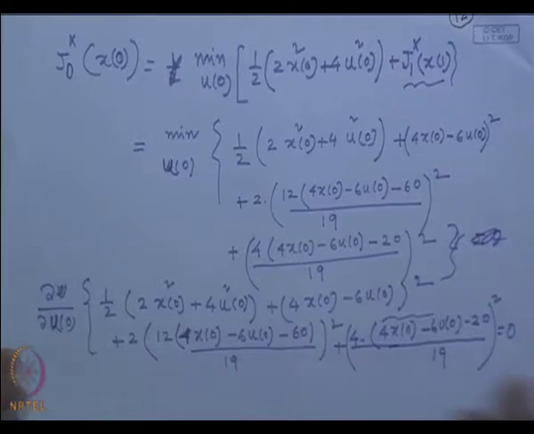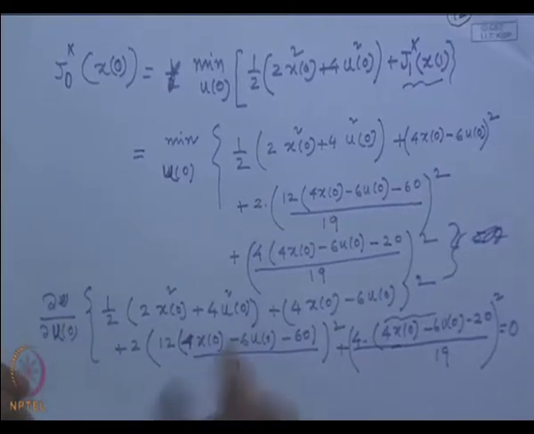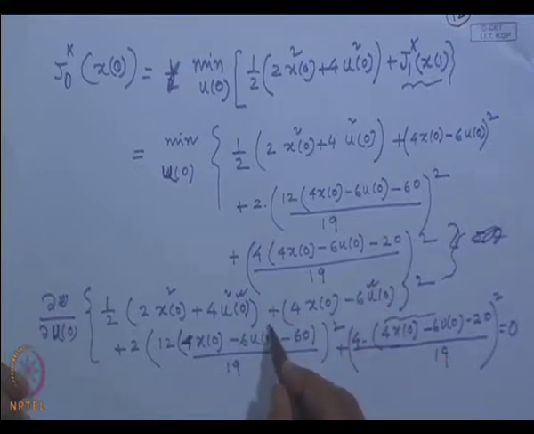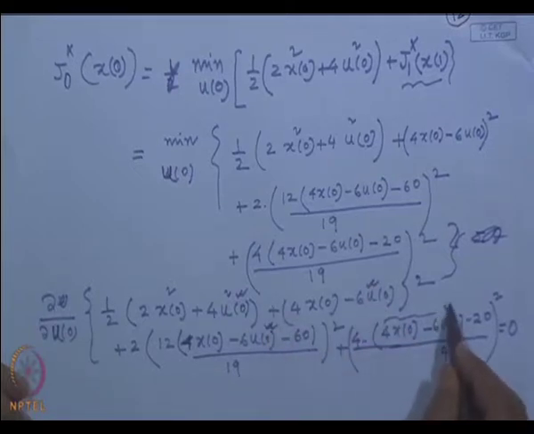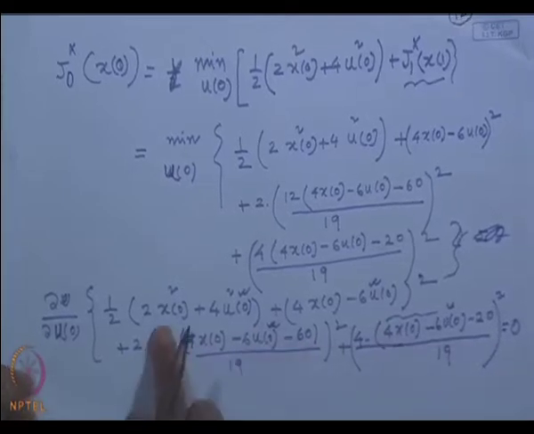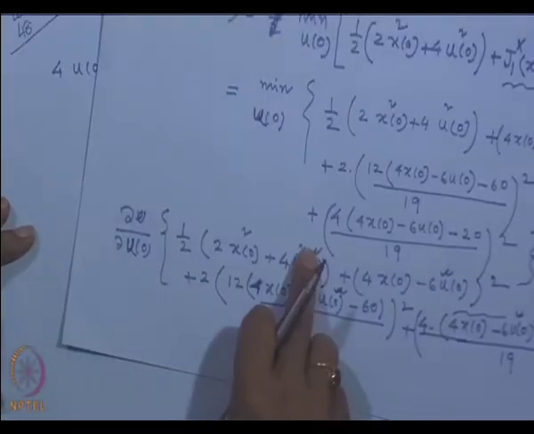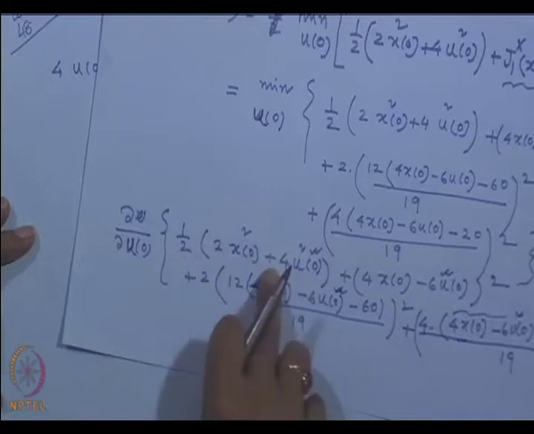So, if you simplify this, differentiate this with respect to u. The u term is involved here, here, here, here, in all terms except the first term of this one. So, if you do this, then we will get 4 u 0, just differentiate: this is u square, 2 to cancel, 4 u 0.